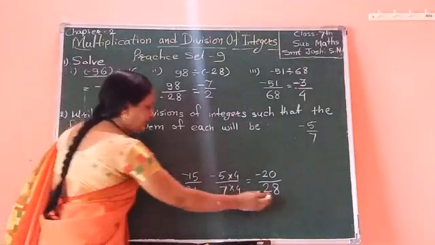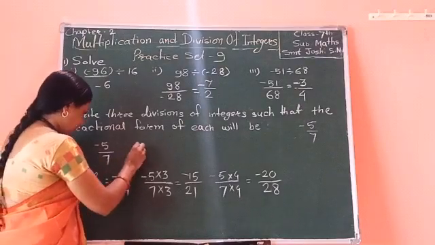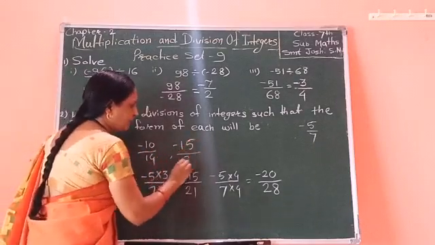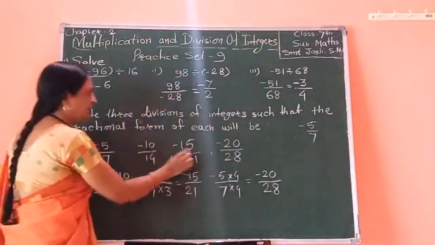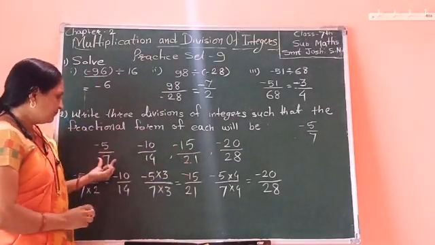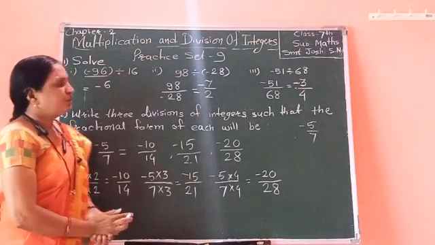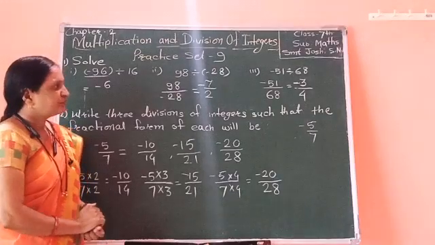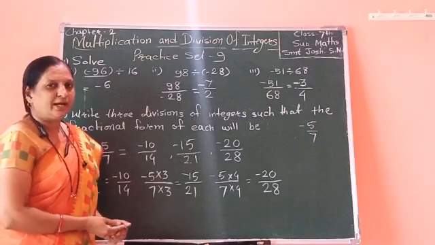These are some equivalent fractions of -5/7: -10/14, -15/21, and last -20/28. These are the three divisions of integers such that the fractional form of each will be -5/7. Students, you solve the remaining examples in your notebooks and remember all the rules in multiplication and division.